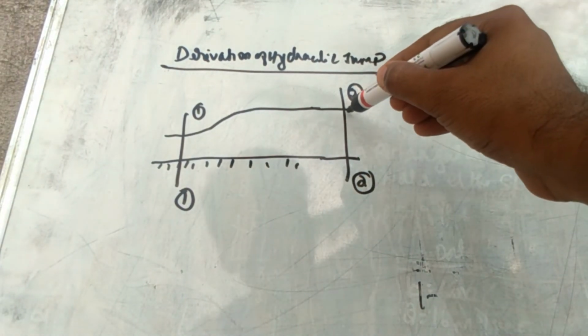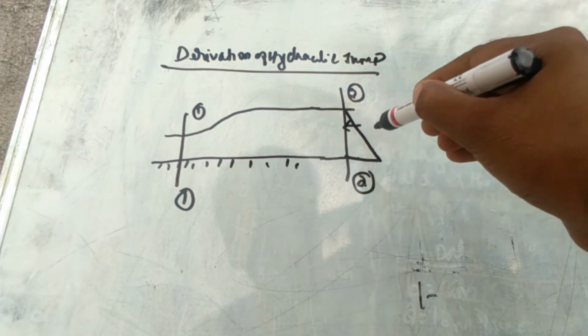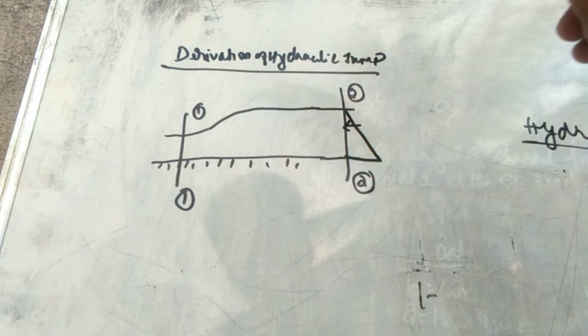Here we are drawing the pressure distribution diagram. This is a non-uniform flow, and when we consider the two sides, the velocity is the same, so there is no acceleration. Between section 1 and section 2, dV by ds is equal to 0.